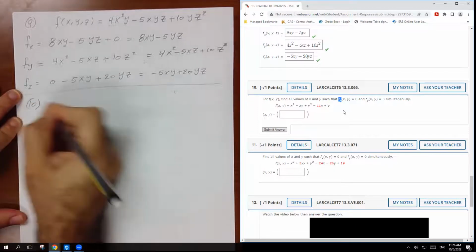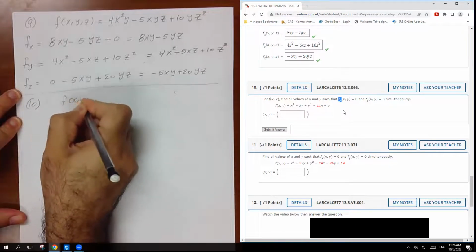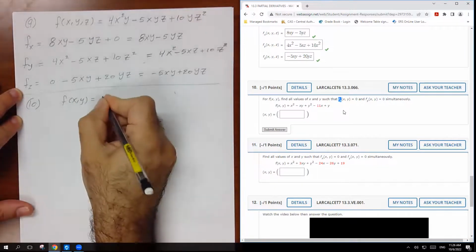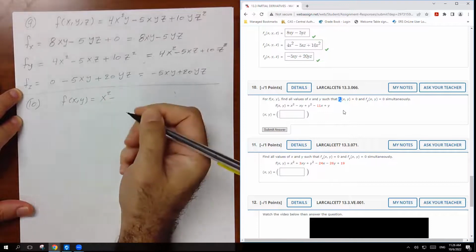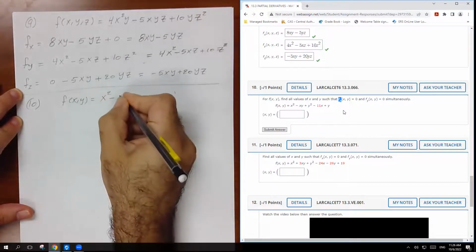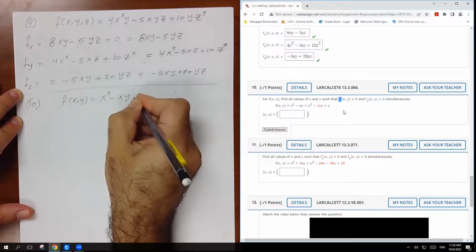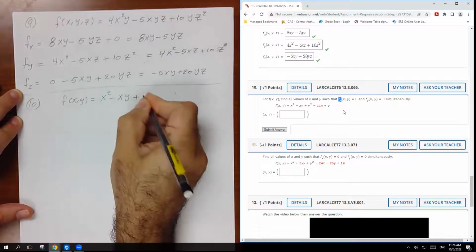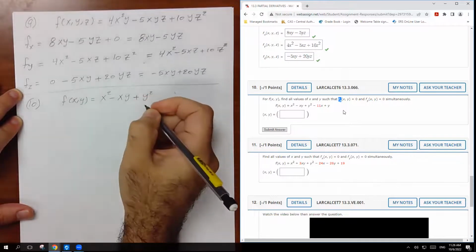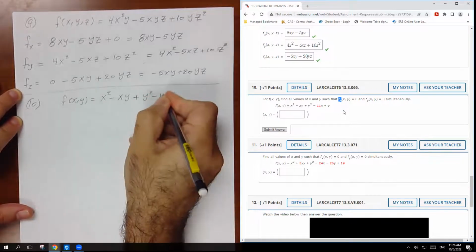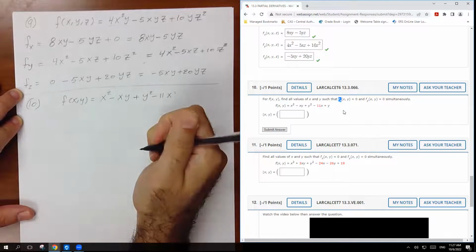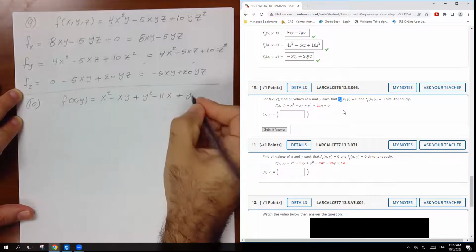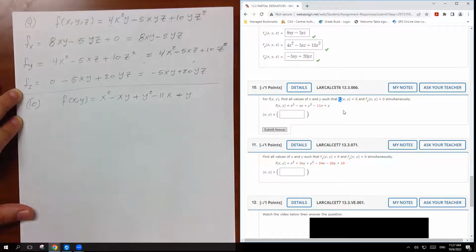So we have the function f of xy equal x squared minus xy plus y squared minus 11x, plus y. So here's the function.